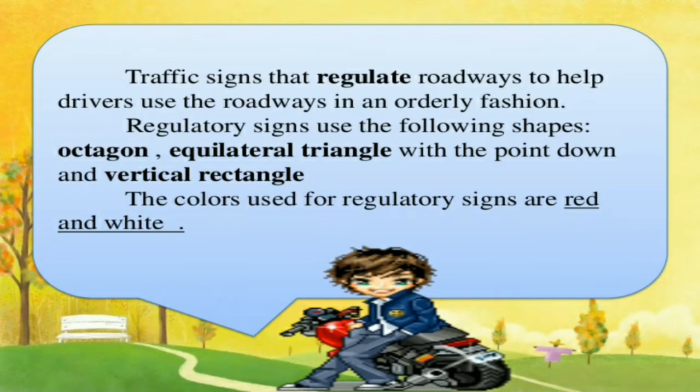Traffic signs regulate roadways to help drivers use the roadway in an orderly fashion. Regulatory signs use the following shapes: octagon, equilateral triangle with the point down, and vertical rectangle.